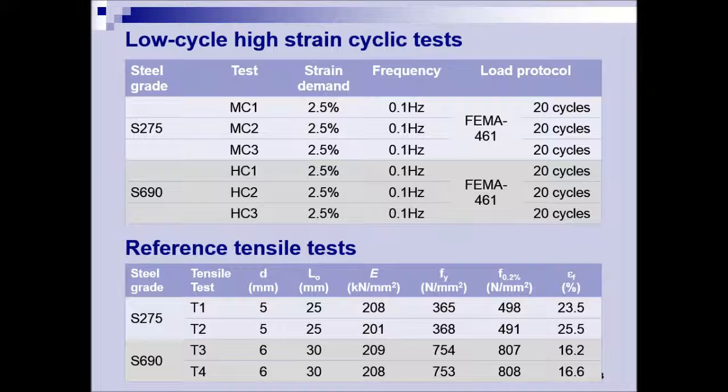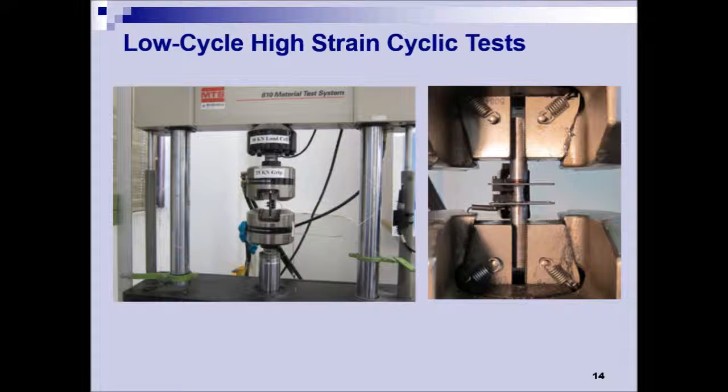The experimental investigation consists of 6 low-cycle high-strength cyclic tests and a total of 4 reference tensile tests, which were carried out to the proposed standardized test method and BS EN ISO 6892 Part 1 respectively. The picture shows the typical test setup of the cyclic test carried out in our laboratory in the Hong Kong Polytechnic University.